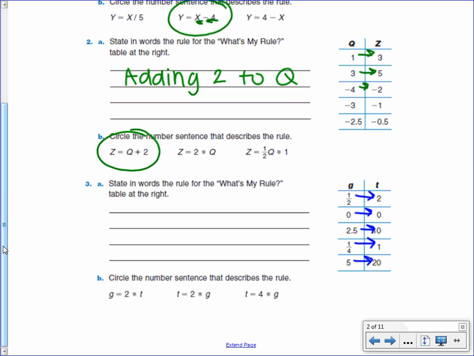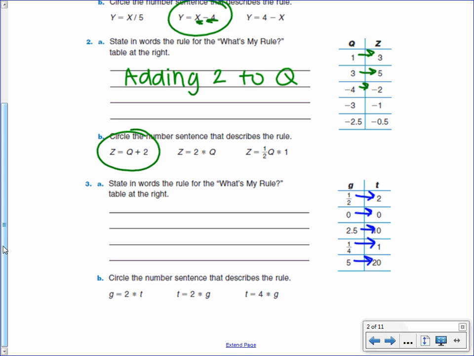They're multiplying by 4, right? 1/2 times 4 is 2. 0 times 4 is 0, so that makes sense. It's kind of weird, but it makes sense. 2.5 times 4 is 10. 1/4 times 4 is 1. 5 times 4 is 20.